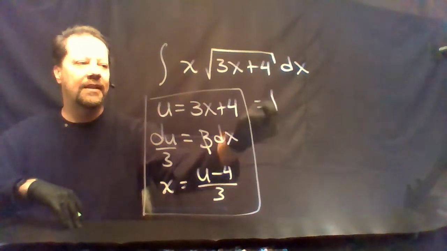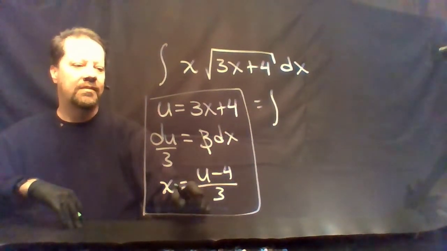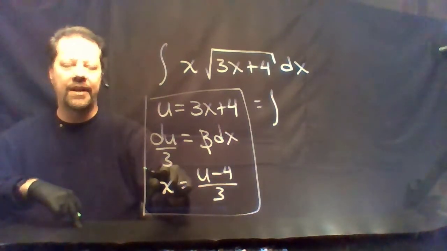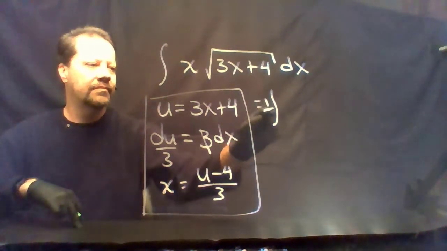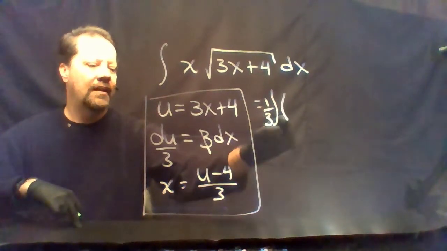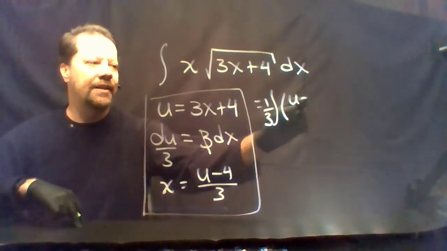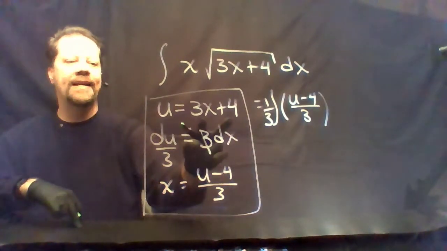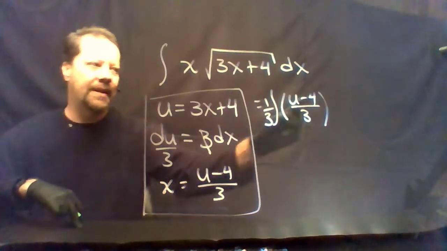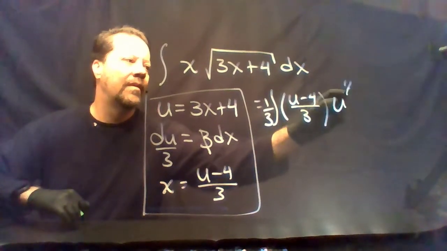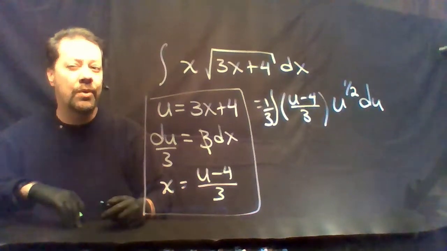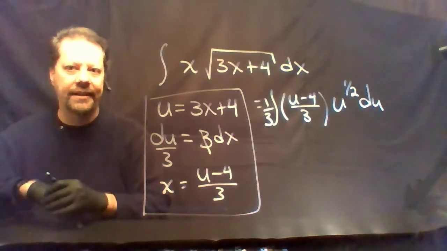The integral becomes, we get dx replaced by 1/3 du. x is replaced by u minus 4 divided by 3, and 3x plus 4 is replaced by u. Make sure you know where everything went here.